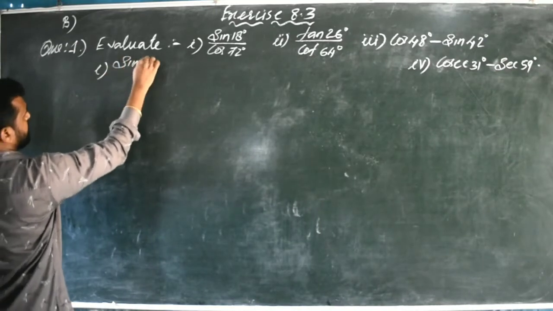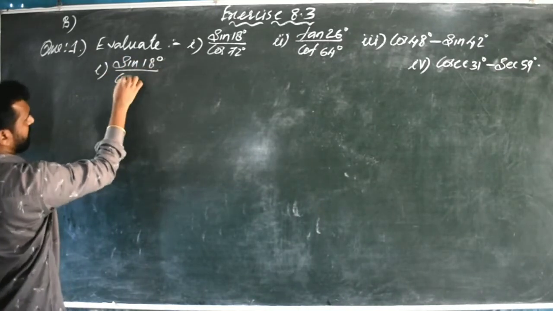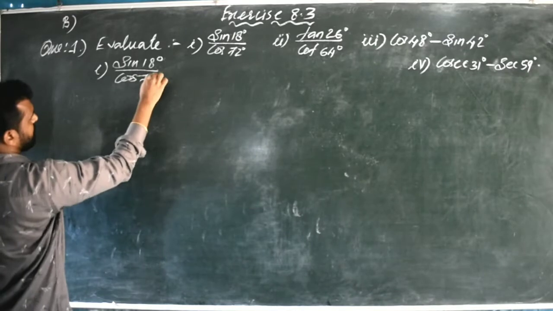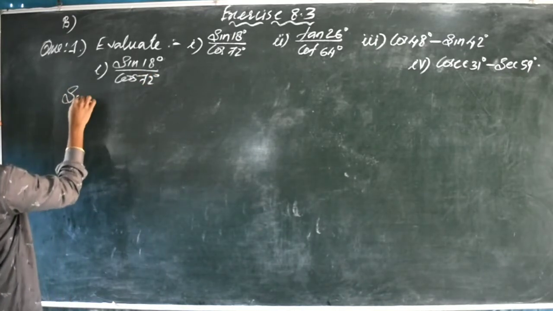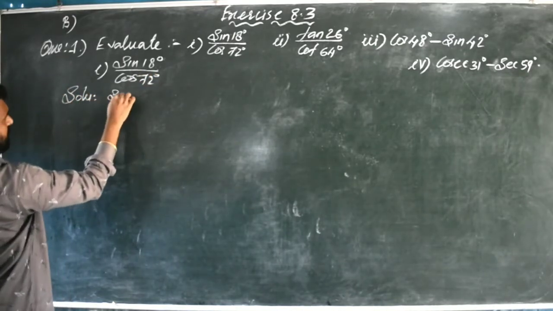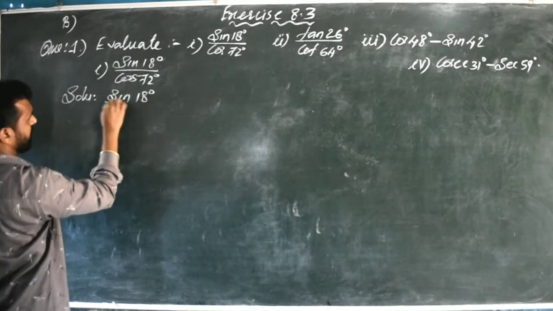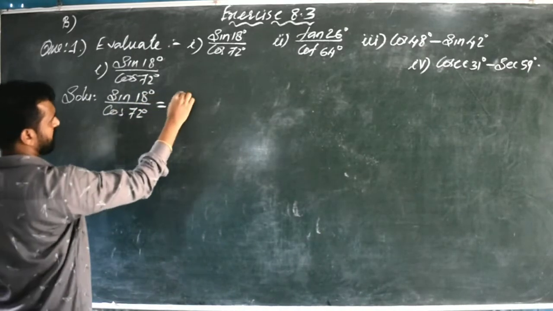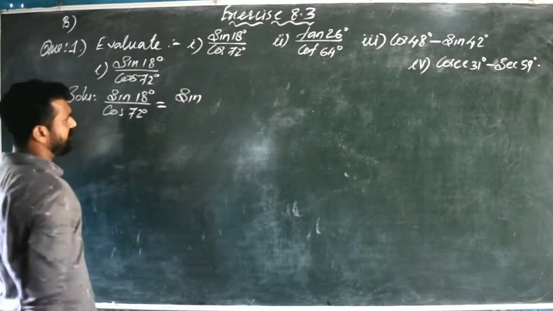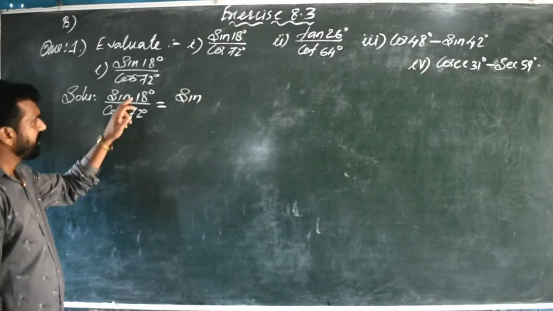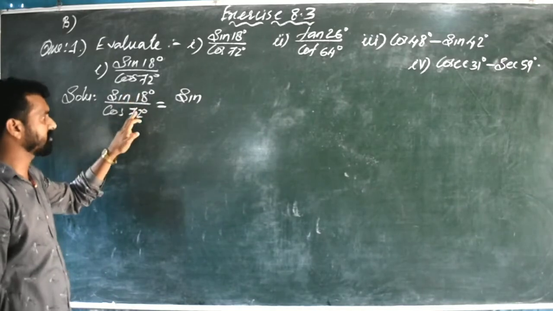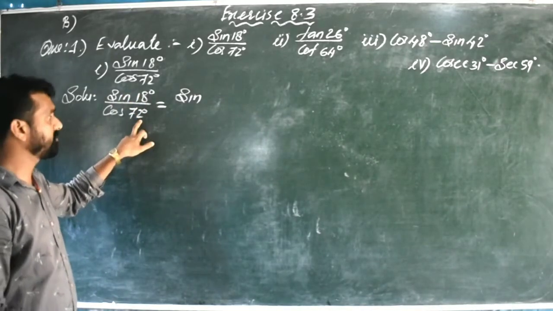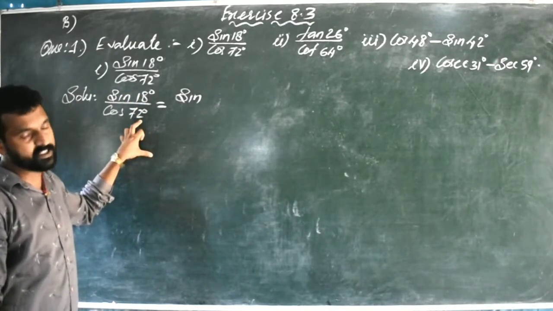Sin 18 degree divided by cos 72 degree is equal to sin 18 degree divided by cos 72 degree. Either 18 degree or 72 degree, you have to convert it into 90 minus theta.